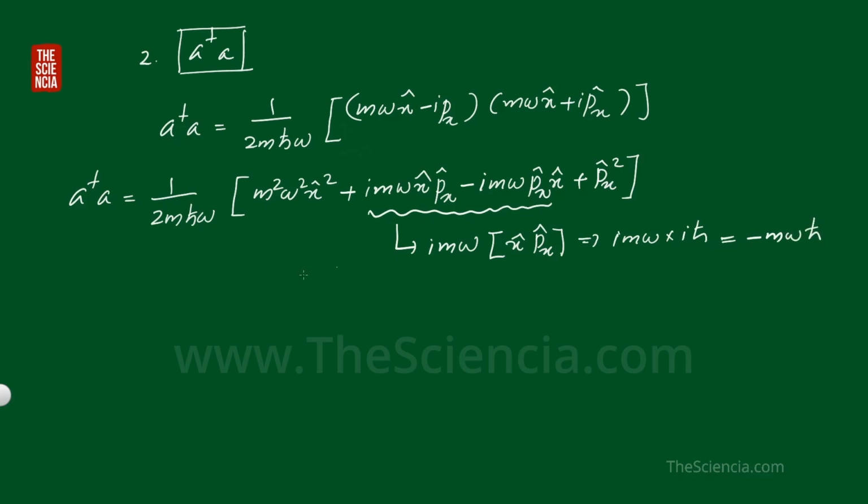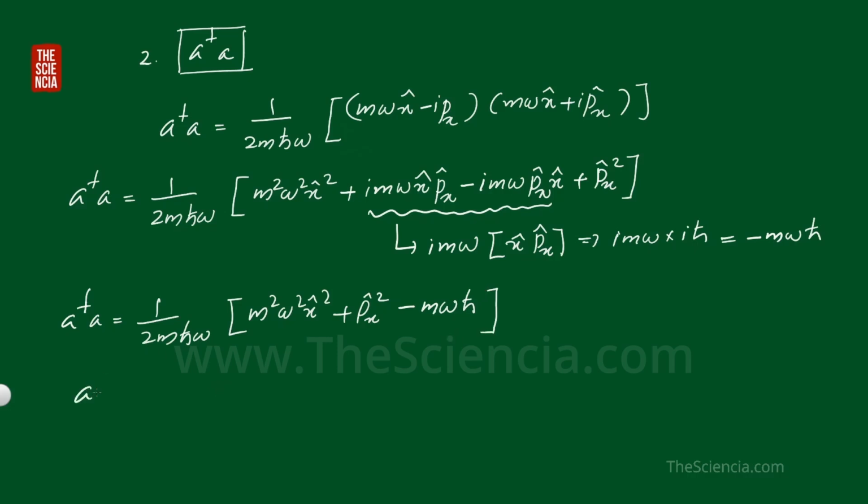That is the value of this entire term. So we got a dagger A is equal to 1 by 2m h cross omega into m square omega square x cap square plus px cap square minus m omega h cross.